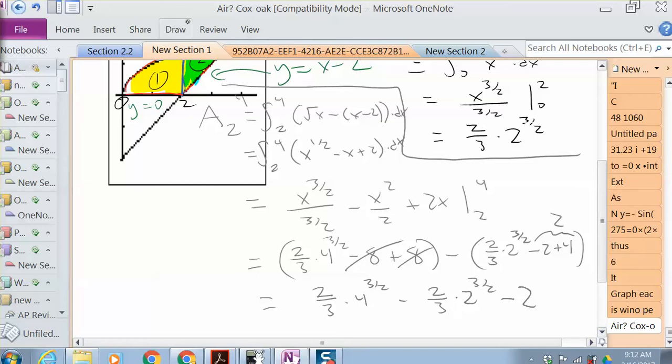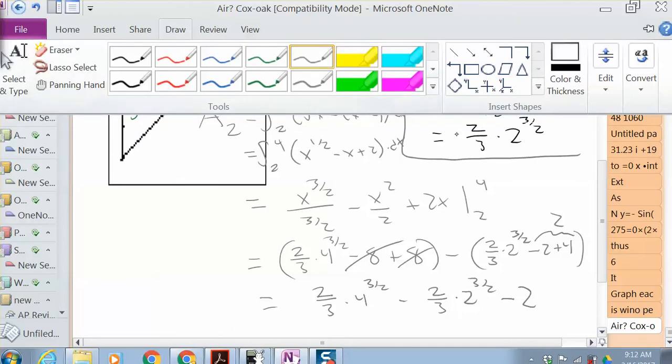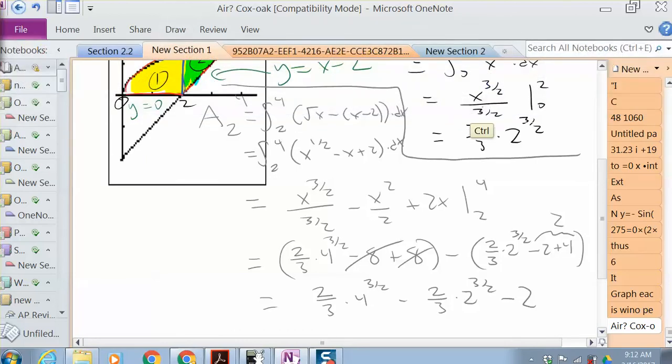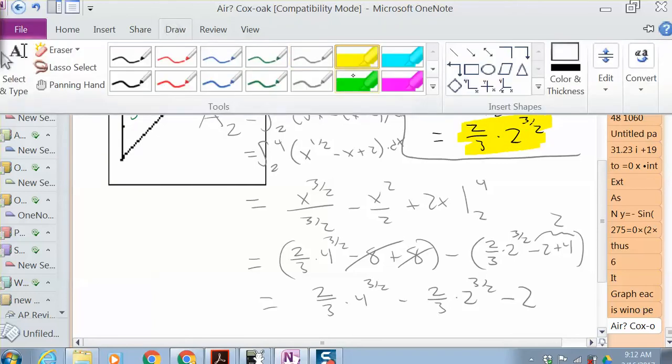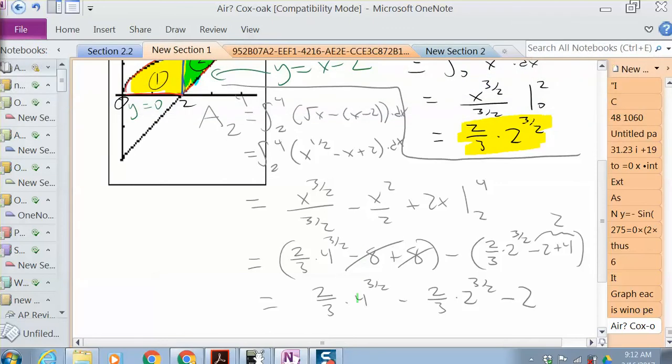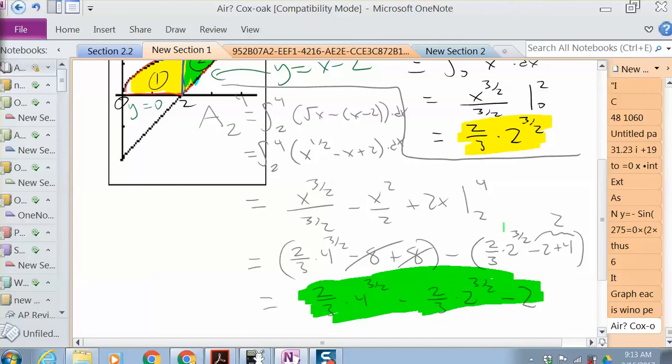So we're going to want to combine both these areas here: the first area, which is the yellow region, and the second one, which is the green region. That's A1 in yellow, and that's A2 in green.